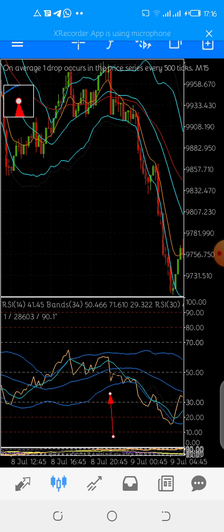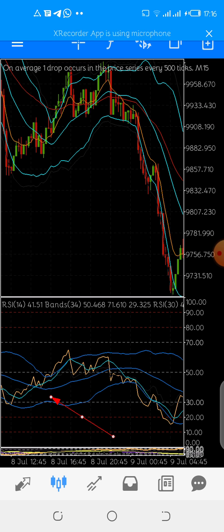Like I told you last time, when it is trying to squeeze like this, then you know that it will break free from that zone and try to move out or break the previous levels that it had been resisting. It's telling you, we want to move out of this zone. So anytime you see the Bollinger Bands trying to come together like this, know that the market will move out of that zone anytime.